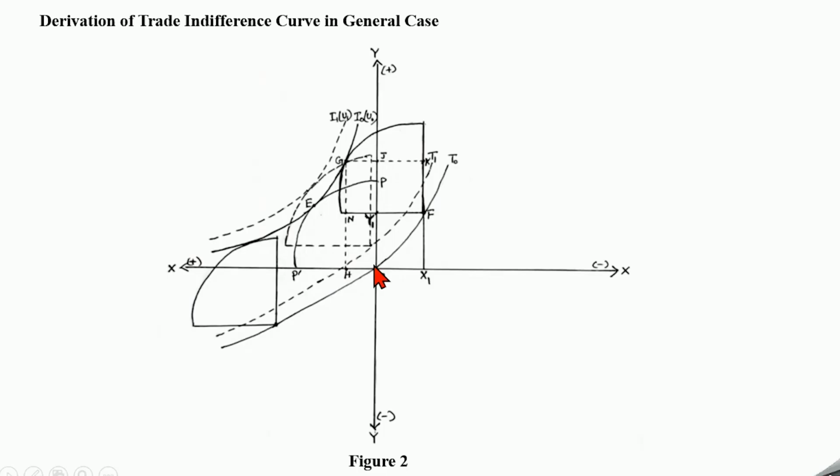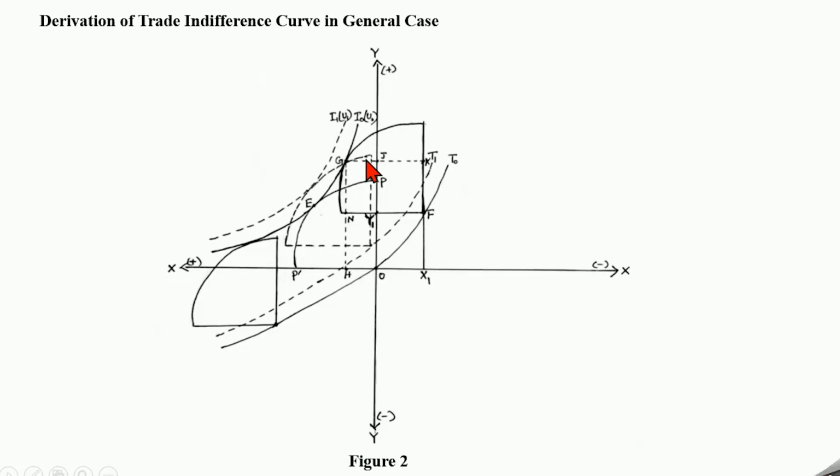Next, we shift this production possibility block, that is OPP prime, along the community indifference curve I0. We shift this production possibility block along this I0 community indifference curve in such a way that we get another tangency point between the production possibility frontier and the community indifference curve I0 at point G. Now, here the coordinates of point G with respect to origin O represent the combinations of the two commodities the country will consume.